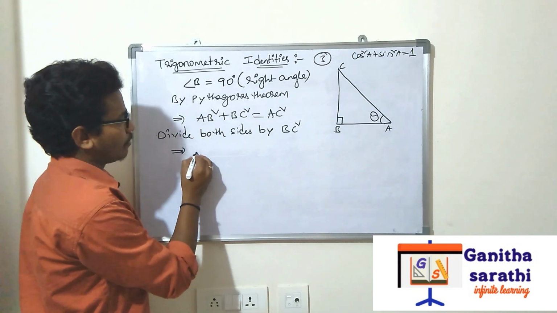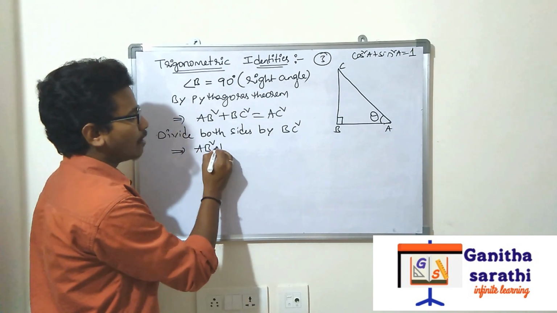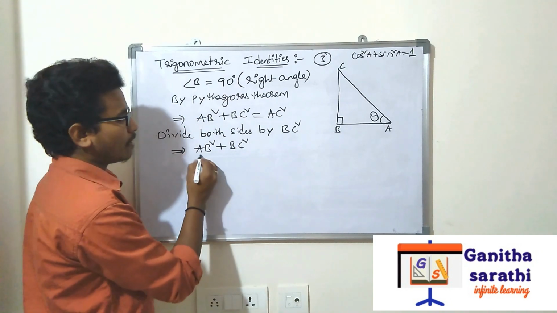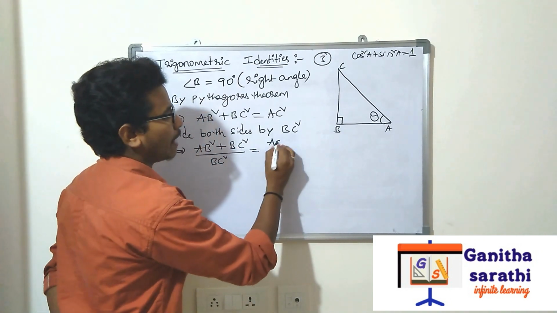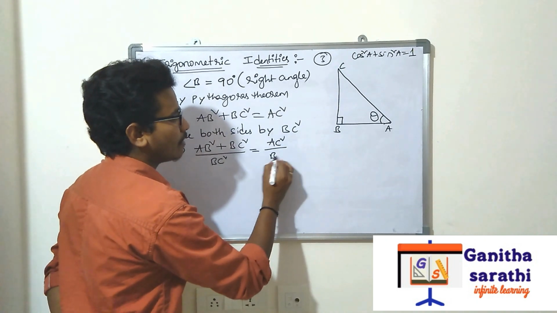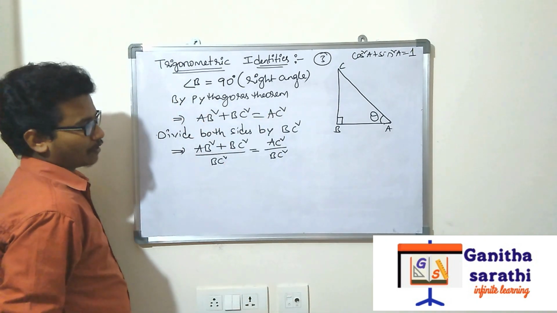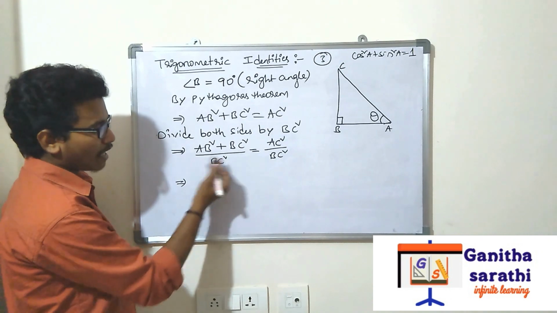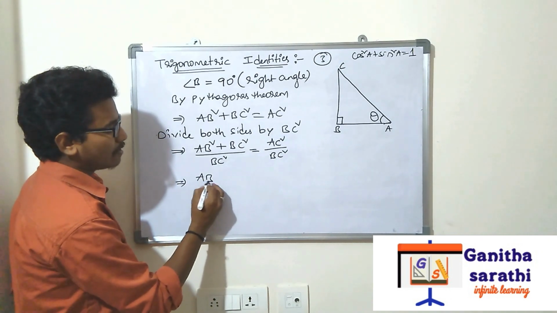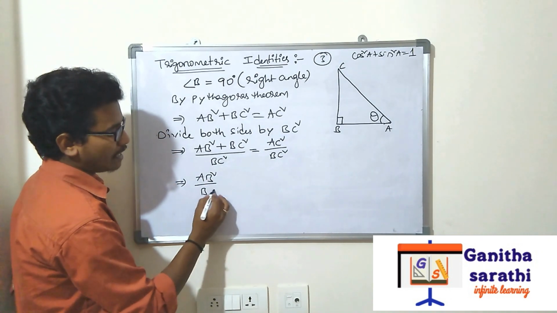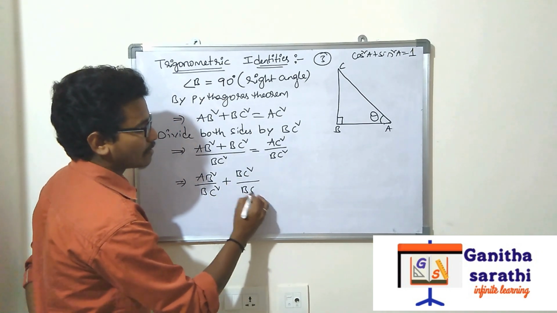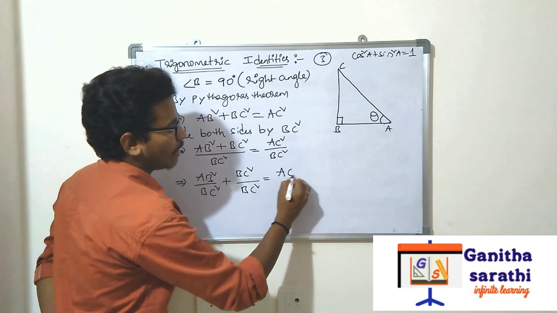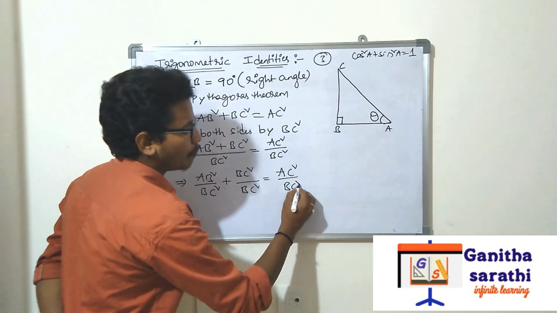The same process continues. AB square plus BC square by BC square is equal to AC square by BC square. Okay. Now separate this one. AB square by BC square plus BC square by BC square is equal to AC square by BC square.